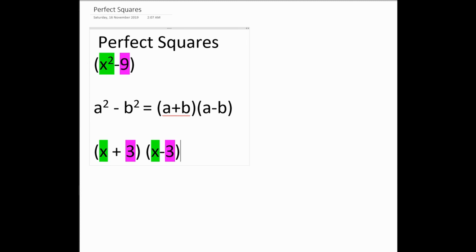The square root of 9 is 3. Then we just follow the formula, using a plus b and a minus b. So x plus 3 and x minus 3. Thus, the factors of x squared minus 9 are x plus 3 and x minus 3.